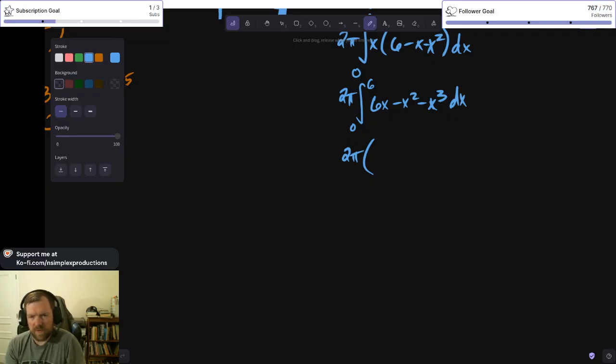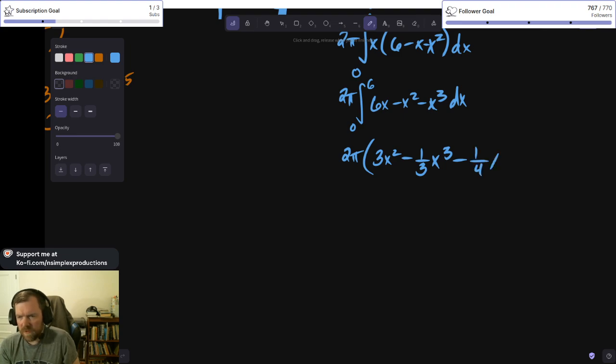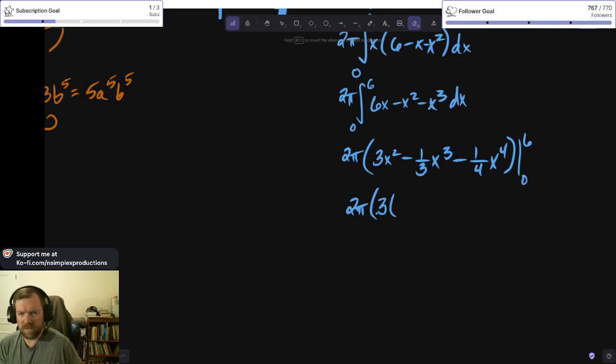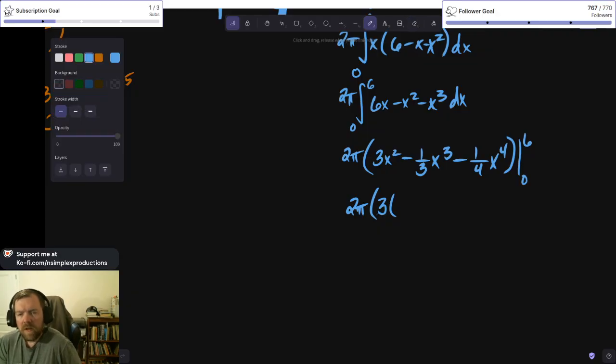This is going to be 6x squared over 2, so 3x squared, minus 1/3 x to the third, minus, the new power is 4, so 1/4 x to the 4, from 0 to 6. 0 is going to clean it out, so 6 is the only relevant one. 2 pi times 3 times 6 squared is 36, minus 1/3.